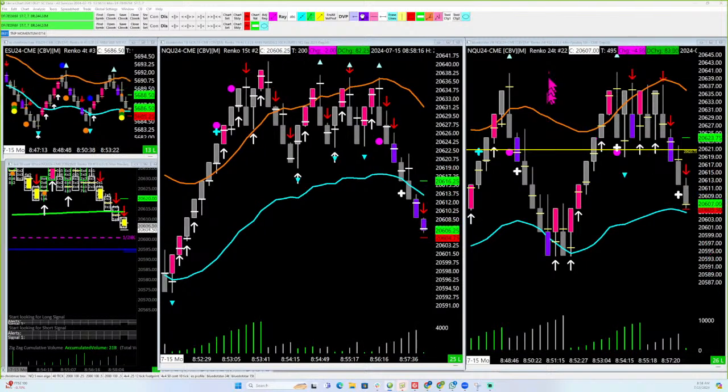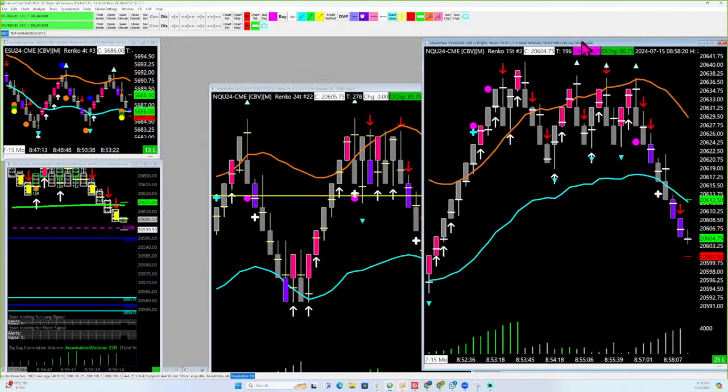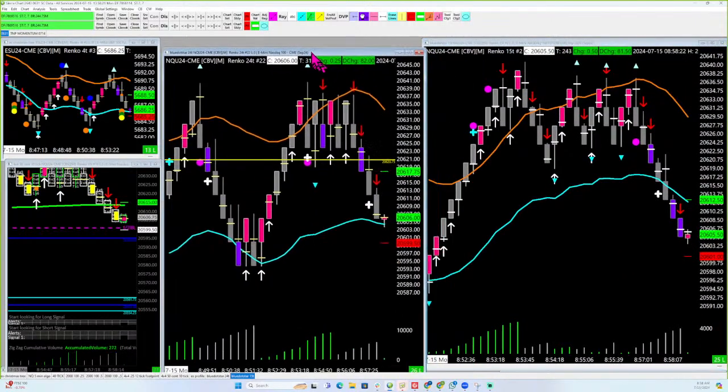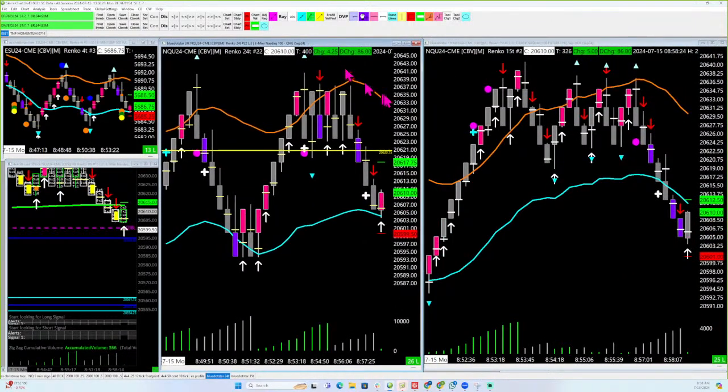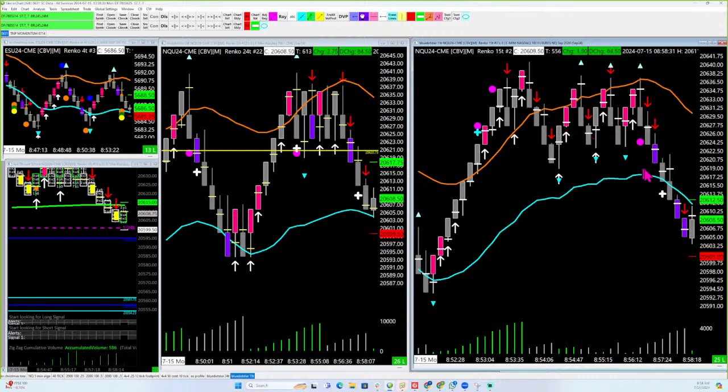Oh, I know what I have backwards. The 15 and the 24. That's why it's throwing me off. There, let's switch this. 15 to the right, 24 in the center. See, that was the break.